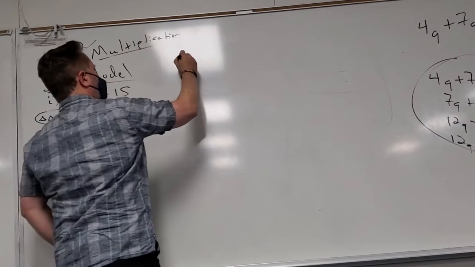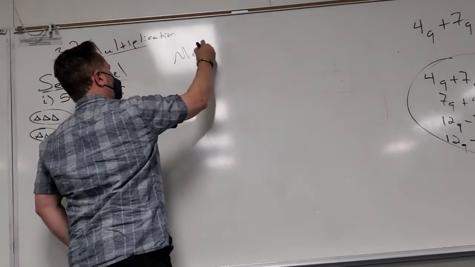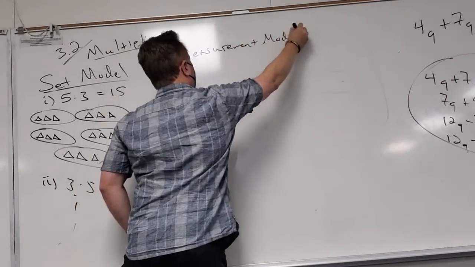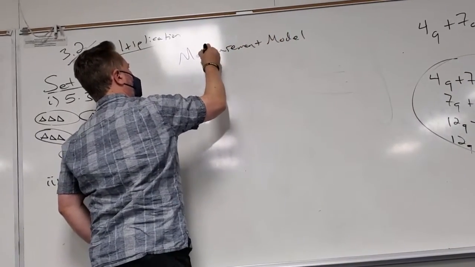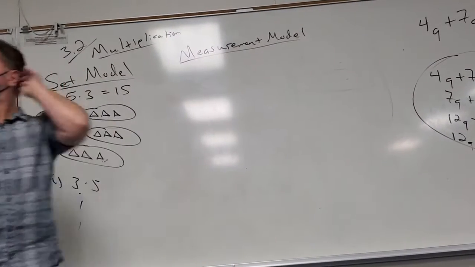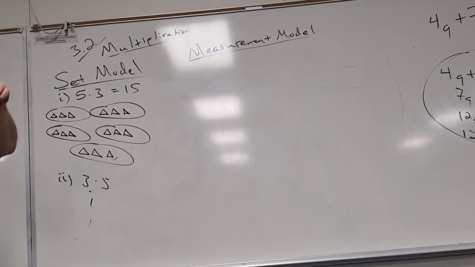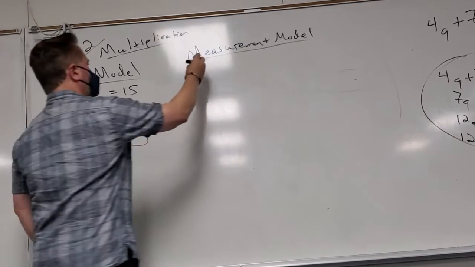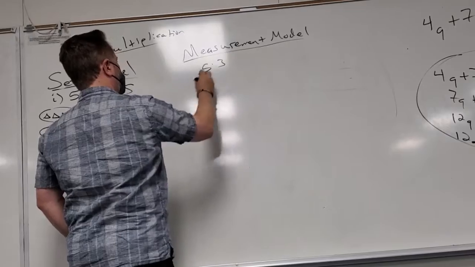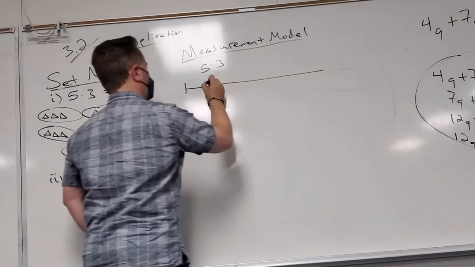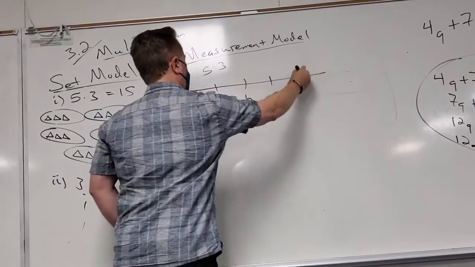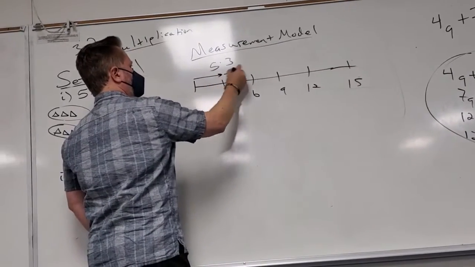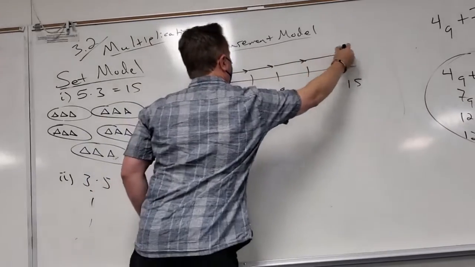So another one, I don't know if you guys remember this from before. This is the measurement model. Does anyone remember what this one was basically dependent on? Measurement model? Number line. Right? So we're going to kind of expand that a little bit, the number line idea. This one is really simple. So if I had 5 times 3, so there's 1 3, 2 3s, 3 3s, 4 3s, 5 3s.